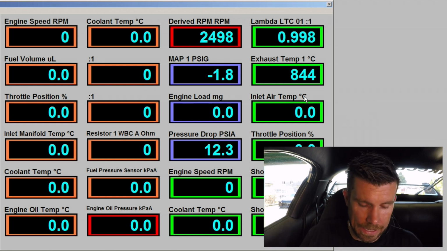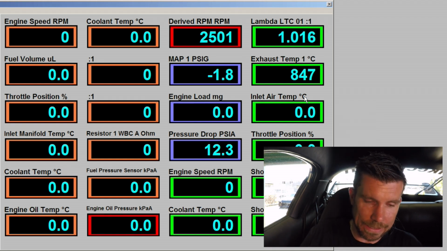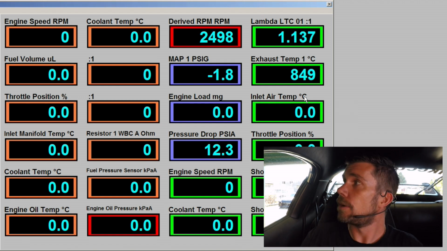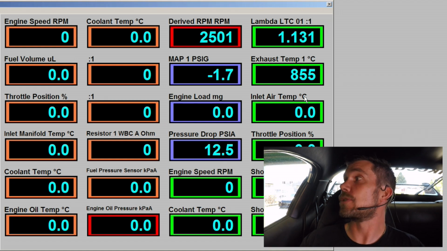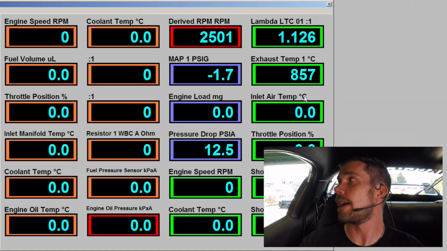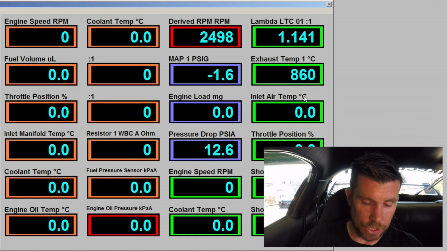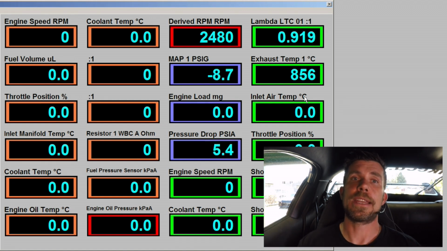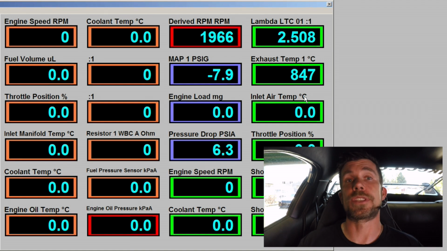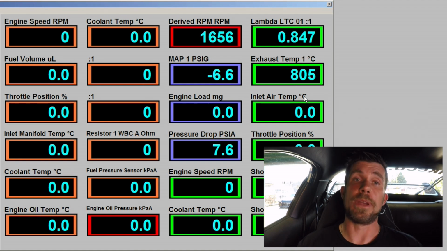Now, if I remove some more fuel again and we go leaner, we can see that with lambda 1.1, our exhaust gas temperature has actually climbed further, and we're sitting now between 850, 860 degrees centigrade. Now, if we continue to lean out the air-fuel ratio, what we would find is that the exhaust gas temperature doesn't climb indefinitely.